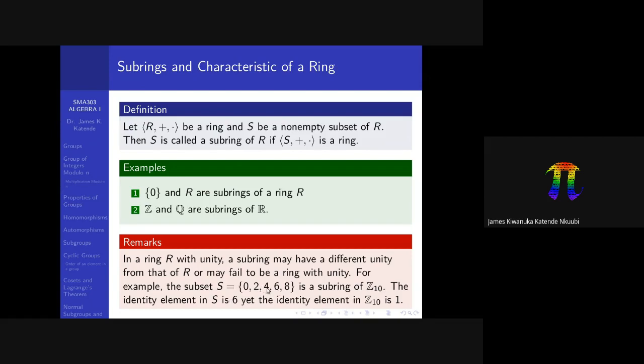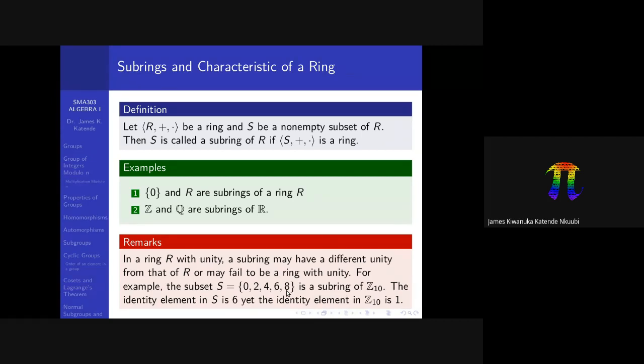And also under multiplication modulo 10, it will be closed and associative. And we know very well that multiplication is distributive over addition modulo 10. So this will form a ring and therefore will be a subring.